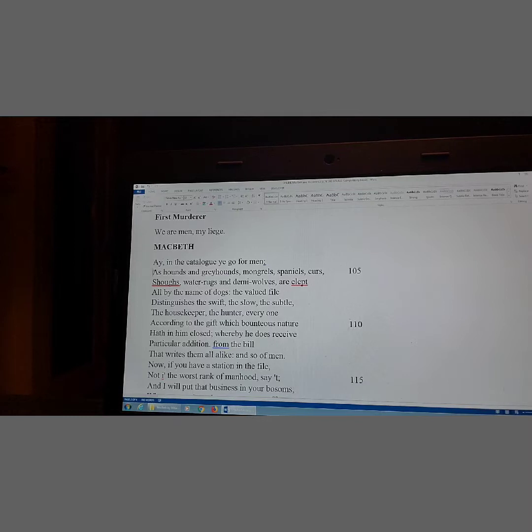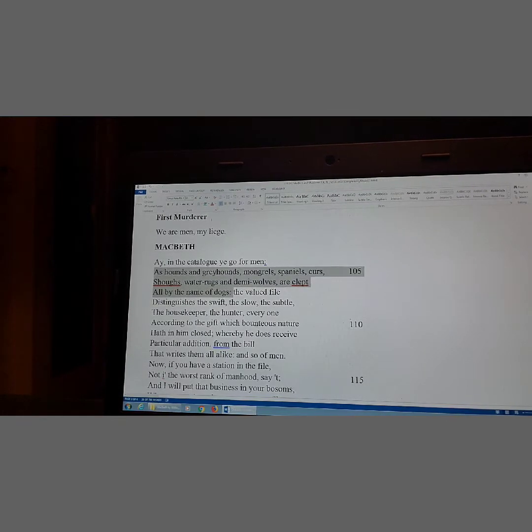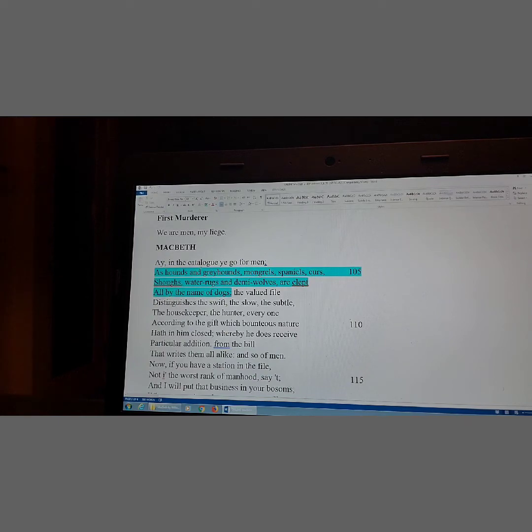And then he says this: "As hounds and greyhounds, mongrels, spaniels, curs, shoughs, water-rugs and demi-wolves are clept all by the name of dog." These are all types of, as he pretty much says explicitly, dogs, right?